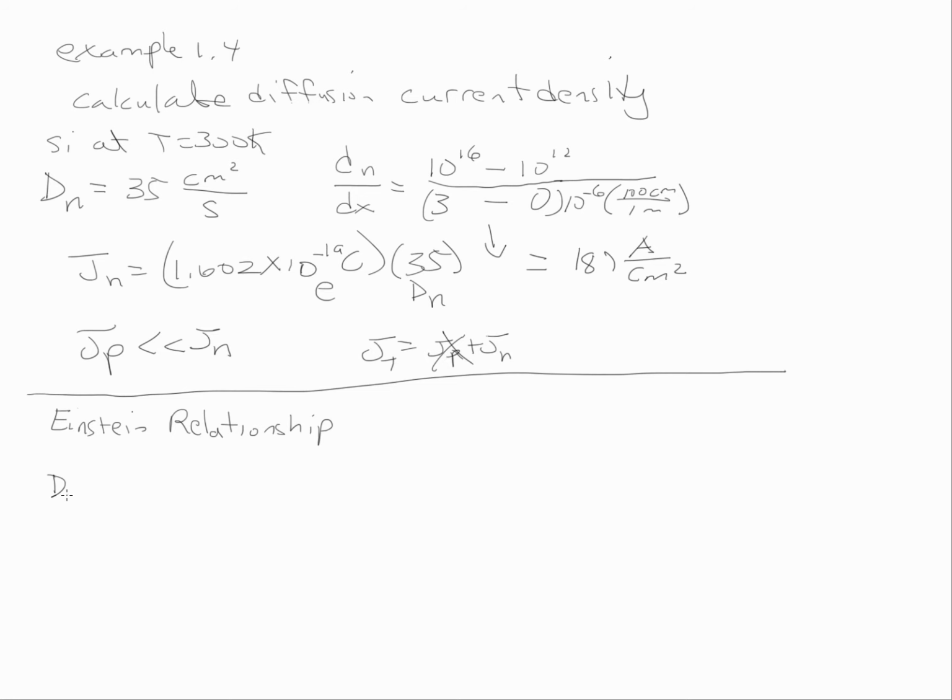And so if we had the diffusion of an electron over the mobility of an electron, it's equal to the diffusion of a hole over the mobility of holes, which is equal to kT, that's a Boltzmann constant, times the temperature, over the fundamental charge, and this all comes out to be 0.026 volts at room temperature.